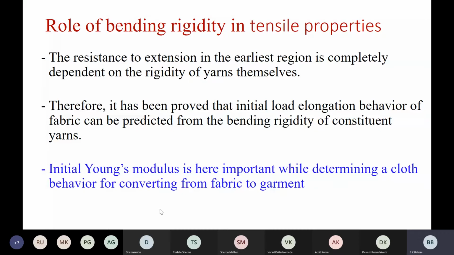If at this initial stage the fabric puts more resistance to deformation, the fabric gives an uncomfortable effect. That is what is in the point here. Initial Young's modulus is important while determining a cloth behavior. Behavior means we feel comfortable or uncomfortable.